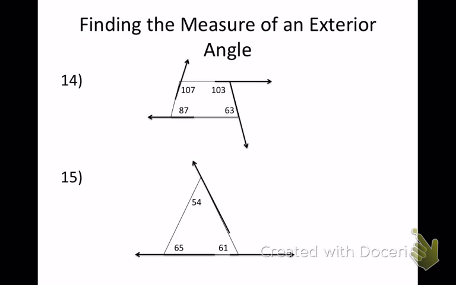The last thing we're going to talk about here is finding the measure of an exterior angle. We already kind of talked about this. I'm going to start off by finding the exterior angles. If I look at this angle right here in red, what would the measure of that exterior angle be? Simeon?